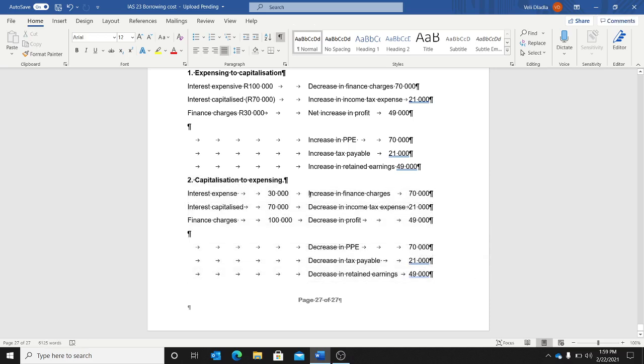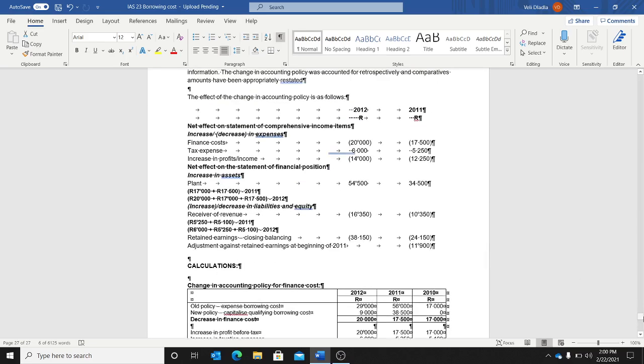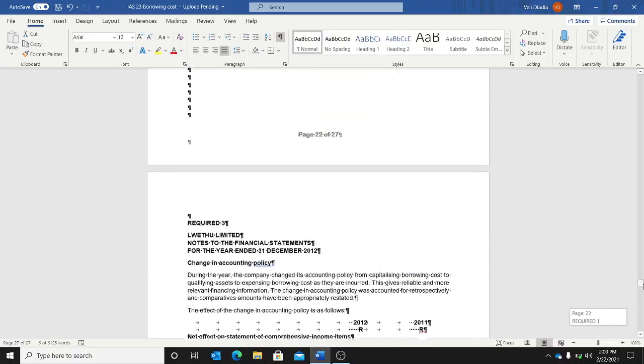So my expectation is that my finance charges must increase, income tax must decrease, then I will be left with a net decrease. My PPE must decrease. This must decrease the tax payable. Then there must be a decrease in retained earnings. Okay, right. That is my expectation in terms of that exercise.